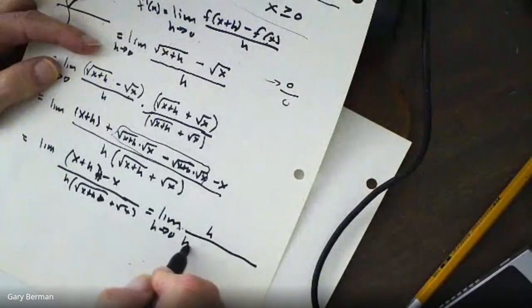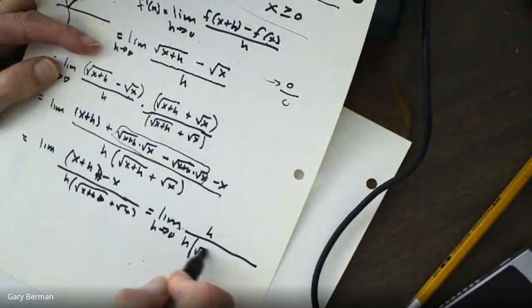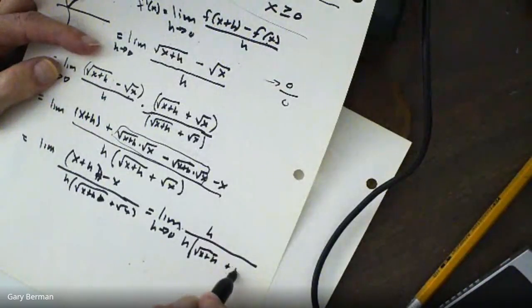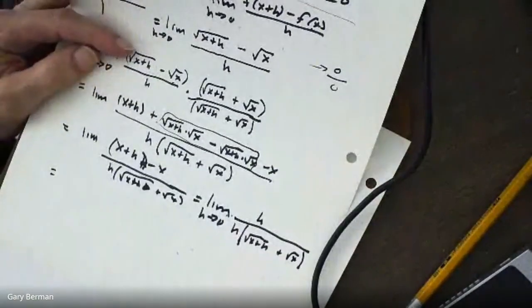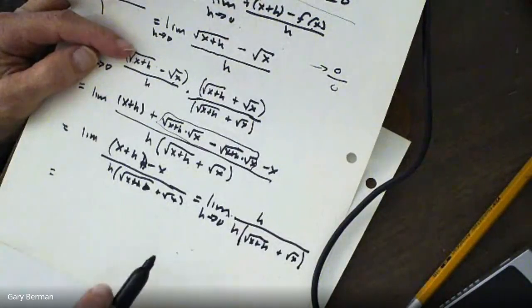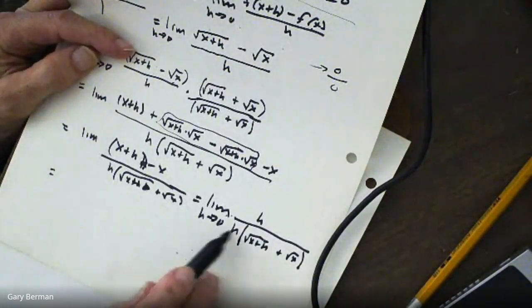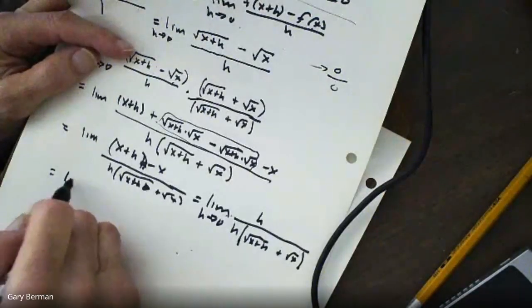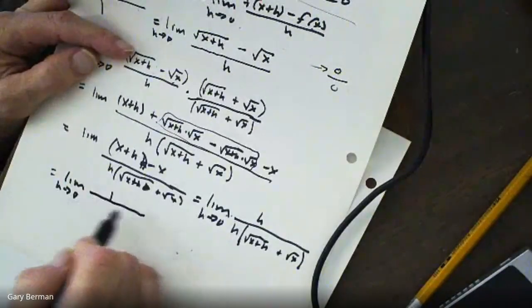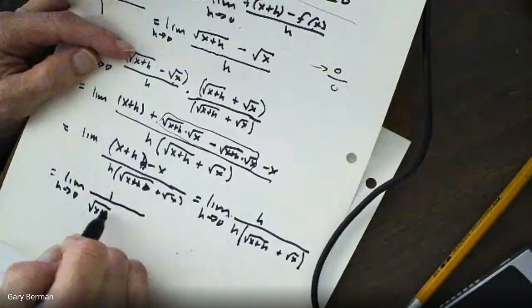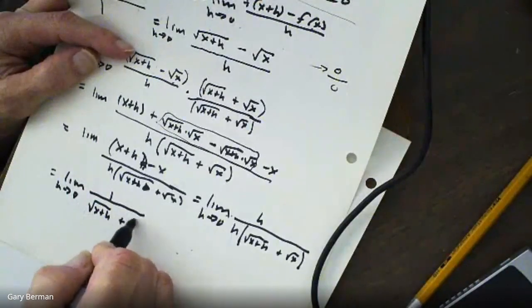And on the bottom, I'm left with the same term, h times root x plus h plus root x. And the h cancels. This is why I said not to multiply out the bottom at first. So now we have the limit as h goes to 0 of 1 over root x plus h plus root x.